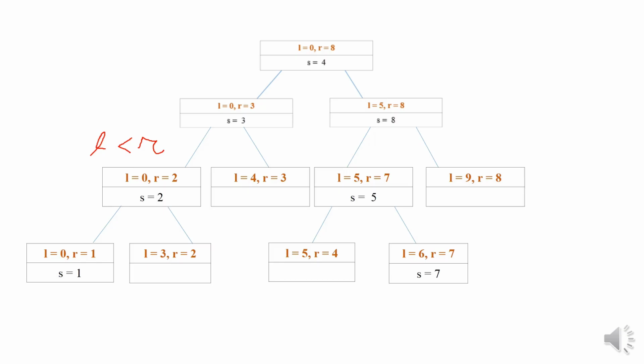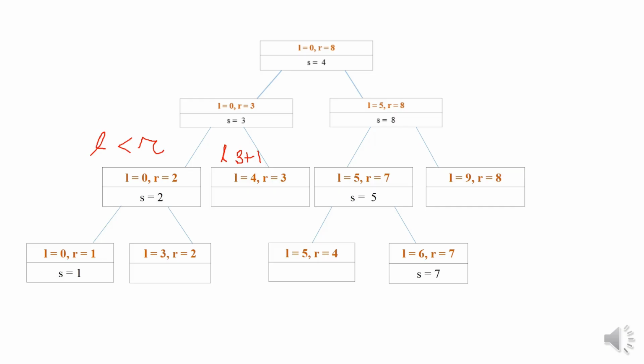So, l is 0 and r is once again s minus 1. So, s is 3, 3 minus 1 is 2. And the right sublist contains l equal to s plus 1. So, s plus 1 is 3 plus 1, that is l equal to 4 and r equal to 3.